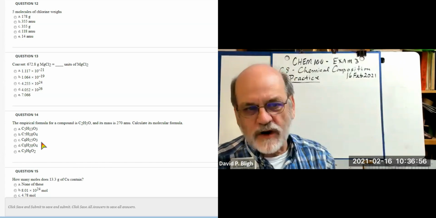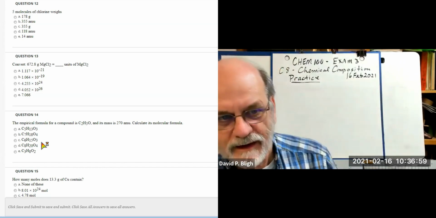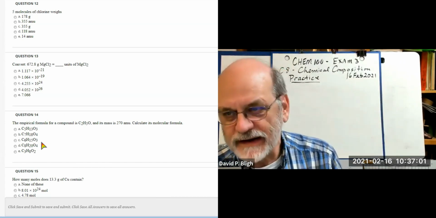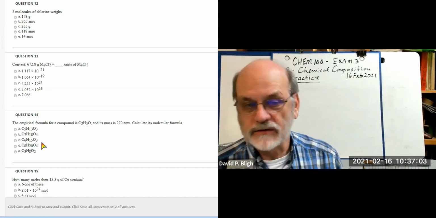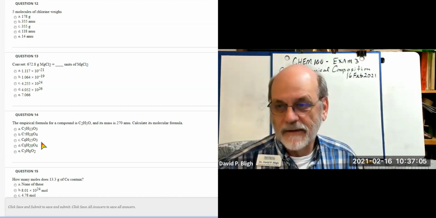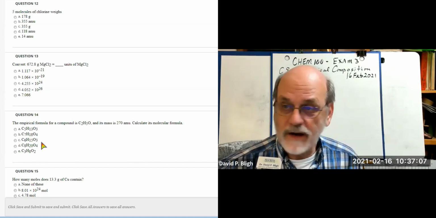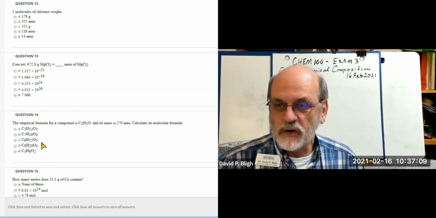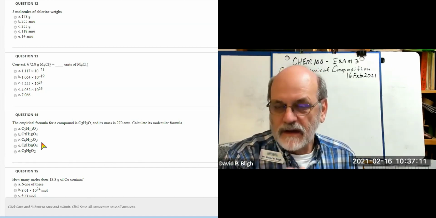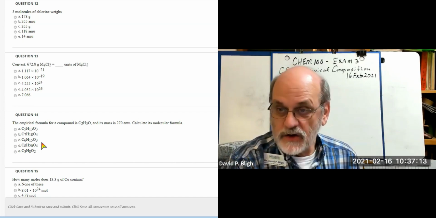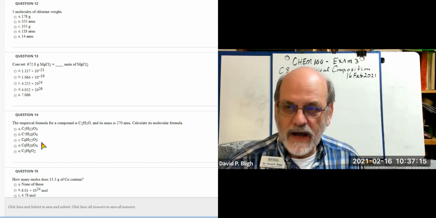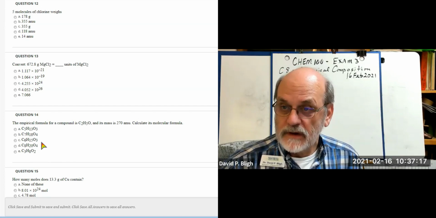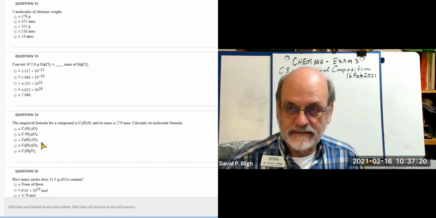Notice the way that question is worded. Why did this say units of magnesium chloride and not molecules? Right. The reason is magnesium chloride is not a molecule. Molecules are bound tightly together and behave as a single unit. Magnesium chloride in solid form is part of a crystal lattice.